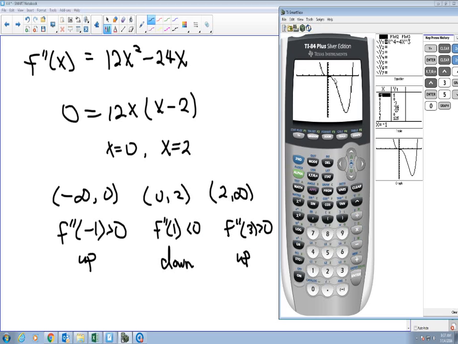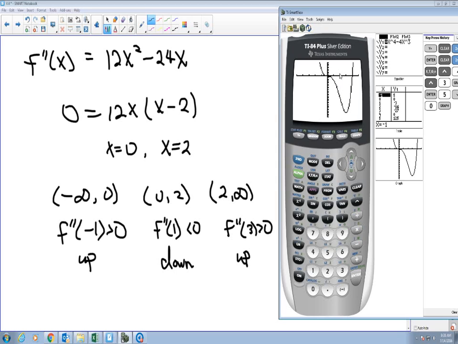So from 2 and on. If I go down from x equal to 2 down here, remember before 2 I was concave downward. When I do my 3, it became concave upward.